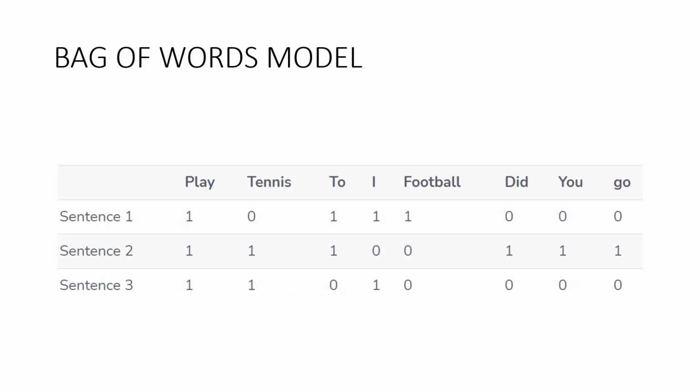Therefore, this word is very common. On the other hand, the word football only appears in one sentence. The words that are rare have more classifying power compared to the words that are common.